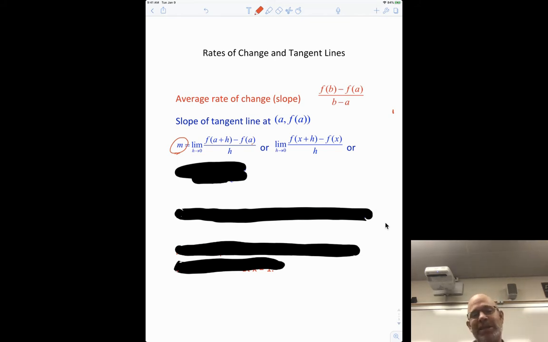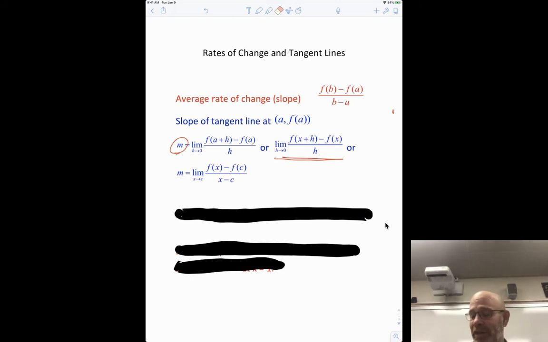Sometimes, let's not use a, let's just use x because that's more generic. Notice this next formula is the same formula. It just has an x in place of an a. a is typically a number where x isn't, but it works both ways.